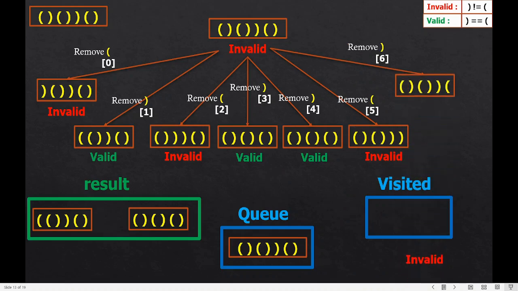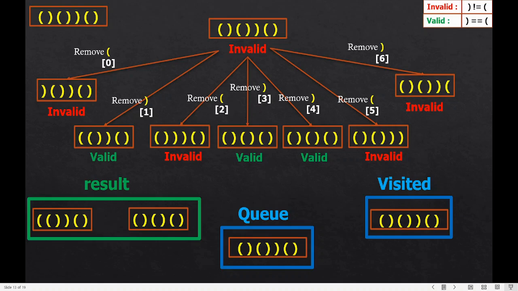This is also an invalid expression. So now we have completely visited the provided invalid expression. As you know, we have already made it clear that the level where we get the valid expression will be the last level we traverse.